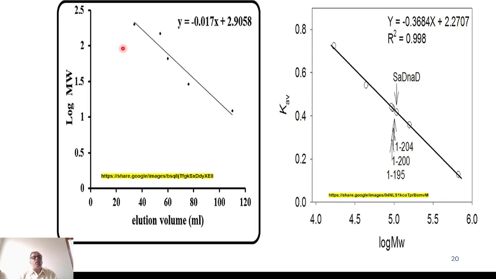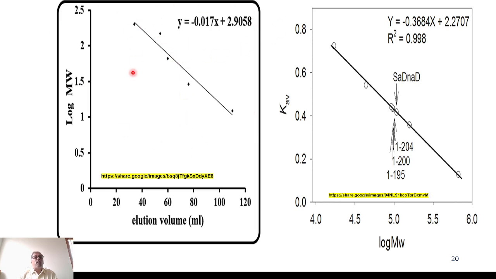You calculate the molecular weight. It's like spectroscopy, where we are using known standards S1 to S5. Similarly, you can prepare low molecular weight to high molecular weight, 5 different known proteins with their known molecular weight. You separate and you calculate using the elution volume. You plot a graph. So you will be getting a simple regression equation, right?